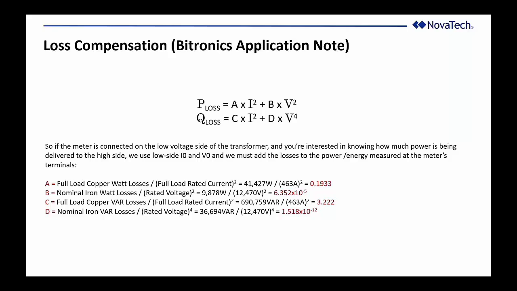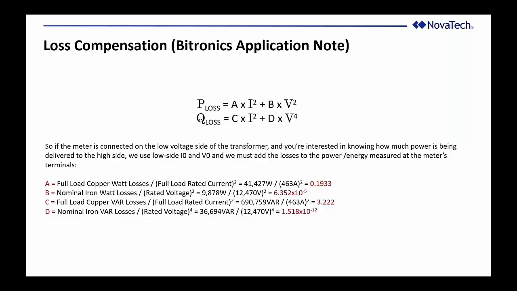Dividing the iron watt losses by the rated voltage squared, since we're on the low voltage side, we're looking at 9,800 watts divided by 12,470 squared.